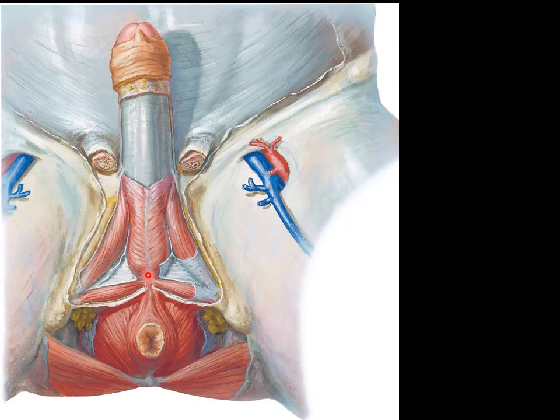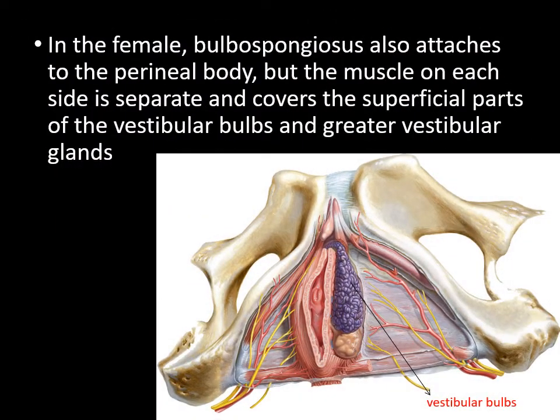So what is going to happen? These bulbospongiosus muscles extend anteriorly, and then they are going to bifurcate, and then they are going to join with the corpora cavernosa, which are the extensions of the ischiocavernosus muscles.